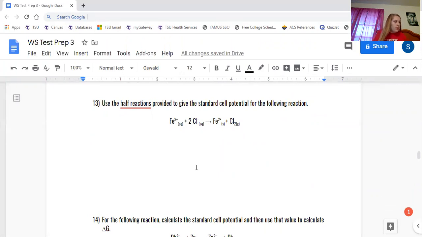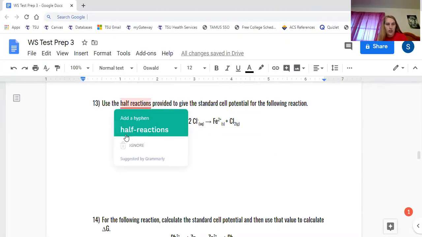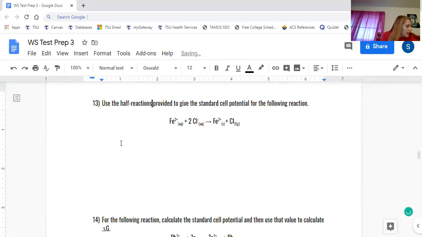Okay, so we're going to look at this. Okay, so we're going to have the equation here of cathode and anode. So we're going to use the half reactions to give the standard cell potential.